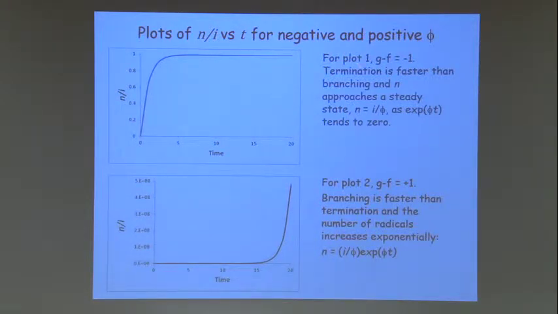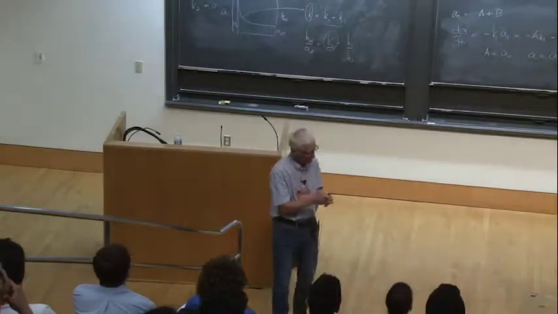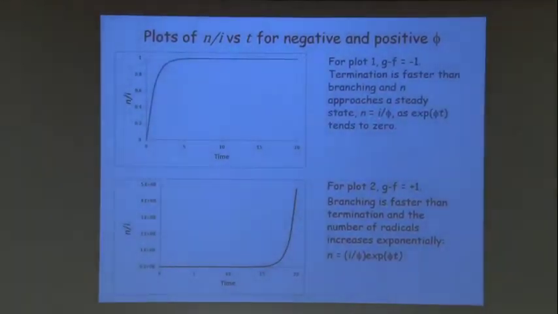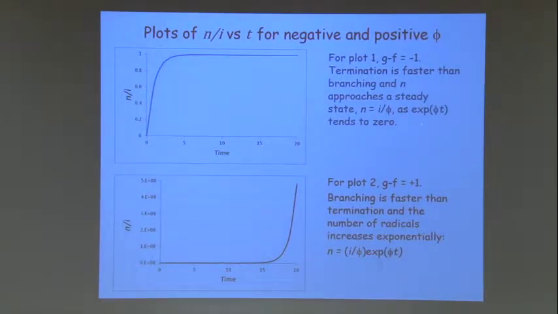So in plot 1, G minus F is minus 1. So in other words, termination is faster than branching. And so what happens now is it approaches a steady state where n is equal to I over phi as exponential of phi t tends to 0, because it's got a negative term.